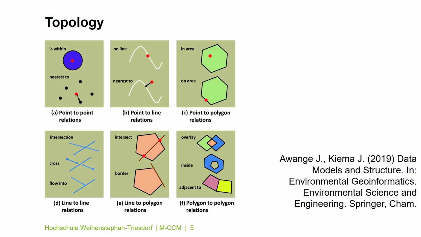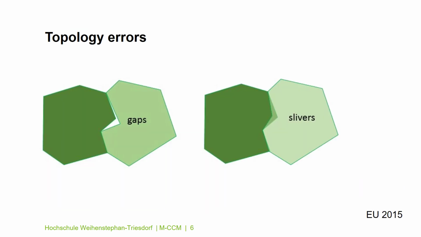And if we map an area, for example, for land use or land cover, we try to only have adjacent polygons with no gaps in between. Therefore, we talk about a topology error if we have a mapping error and end up with a small gap or an overlap. If these overlaps are very small, we also talk about slivers.